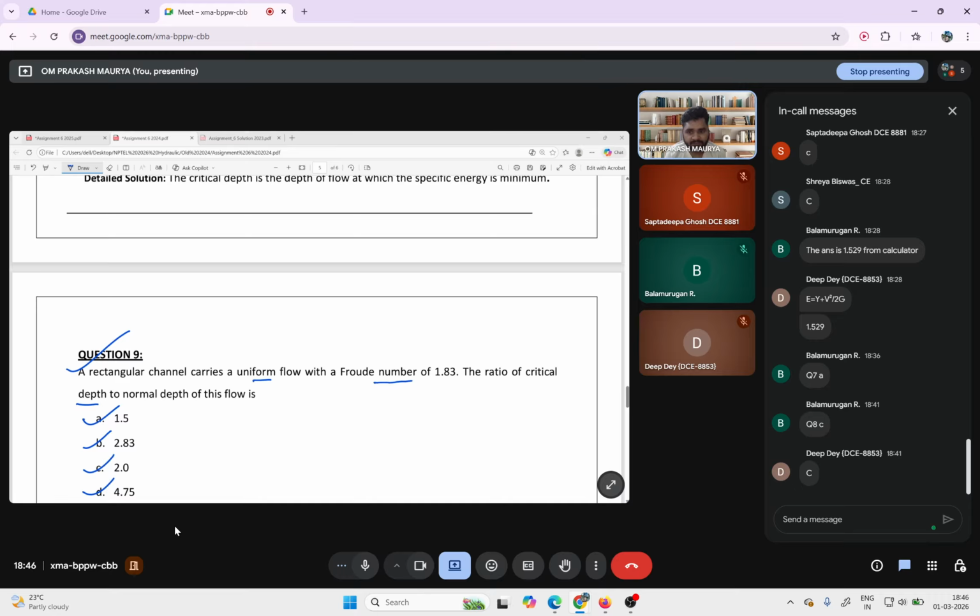At this condition, what will be the ratio of critical depth to normal depth? I'll wait another 2 minutes for this.